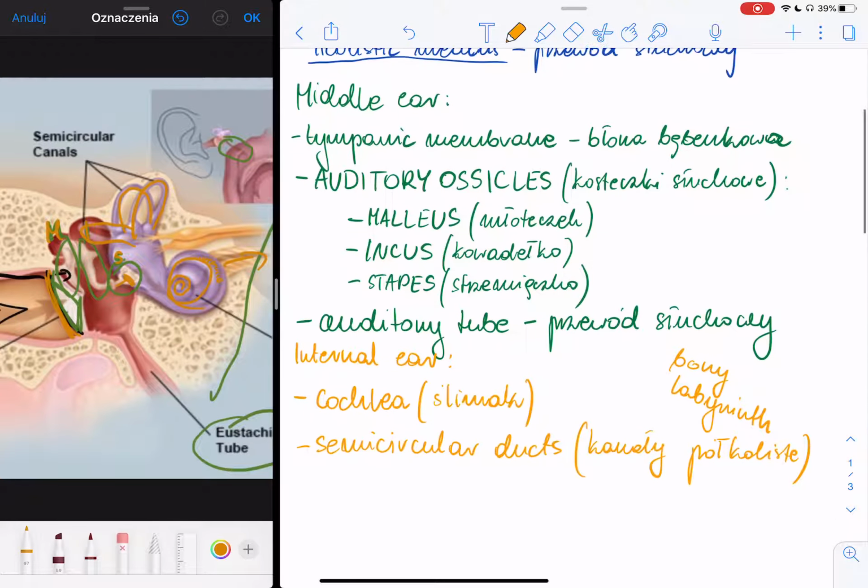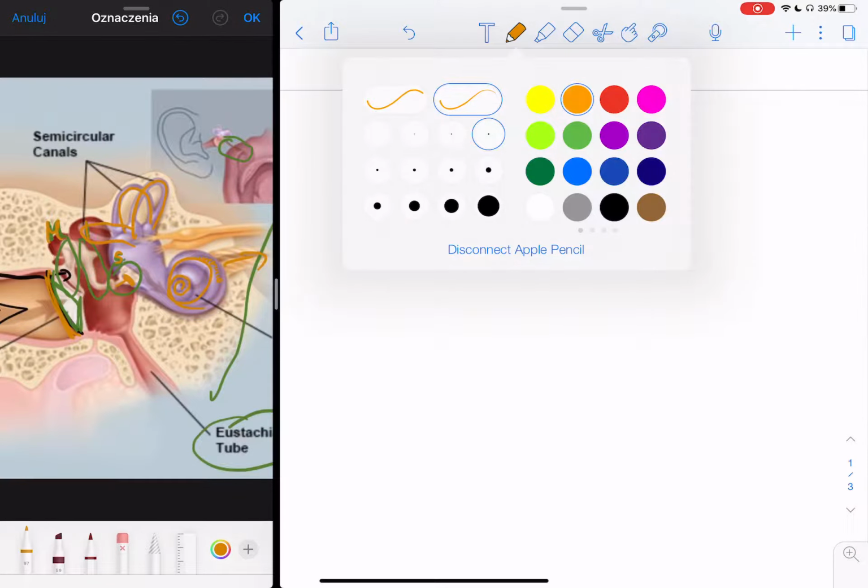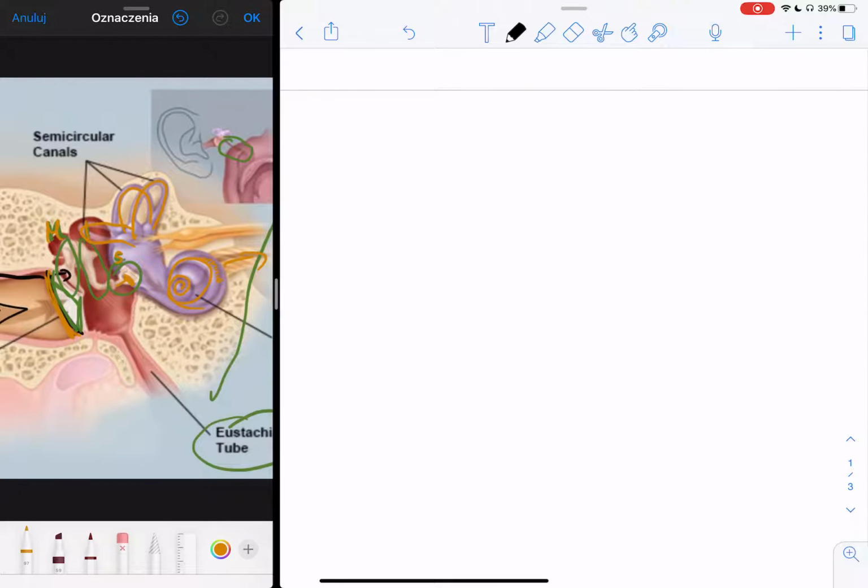So, guys, to sum it up, let's go through this once again. What happens when a sound wave hits your ear? First, it is captured by pinna or auricle, małżowina uszna. Then it enters the acoustic meatus. Then it hits the tympanic membrane.